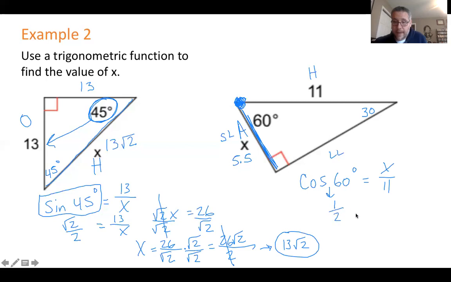So you can say 1/2 equals x over 11. Now you can cross multiply. 2 times x is 2x. 1 times 11 is 11. Divide both sides by 2. And you get x equals 5.5, which is the same answer we got by logic. So whatever way works for you, that's cool. These are just a couple of tactics in your arsenal. Now again, it is your turn to practice.